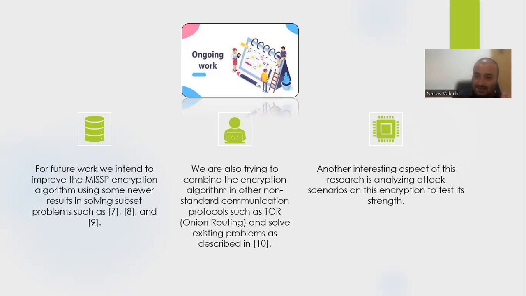And the last interesting aspect of this research is trying to analyze attack scenarios on this encryption to test the strength and see how strong the scheme actually is. So maybe we can try and attack it with different methods and see how robust it is. This is it about ongoing work.